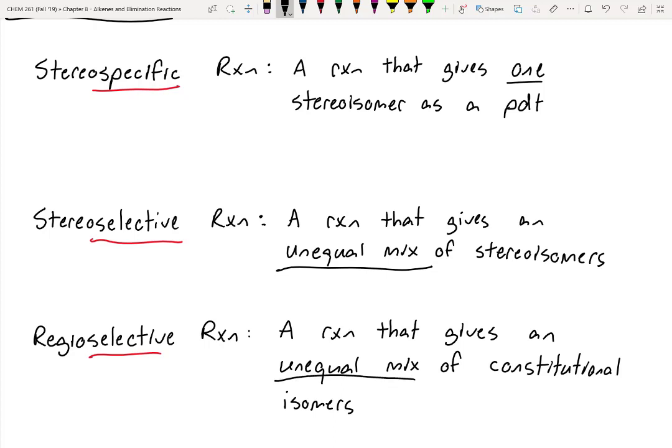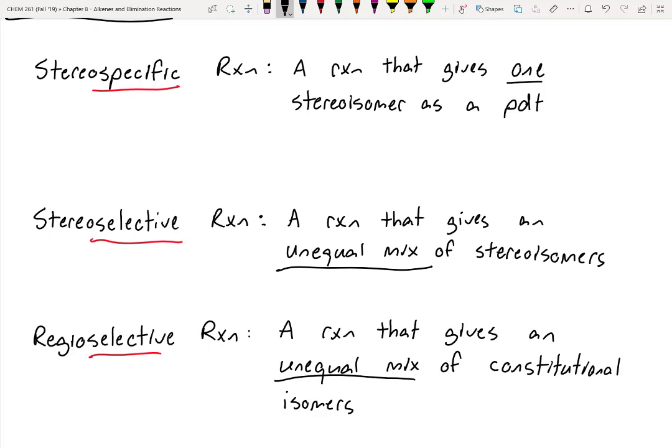So all three of these get thrown around a lot in chemistry, and I've seen a lot of students not really know what they mean. But as long as you understand the difference between specific and selective, that gets you halfway there. And then if you think about stereoisomers, what two things can be qualified as stereoisomers? Enantiomers and diastereomers.